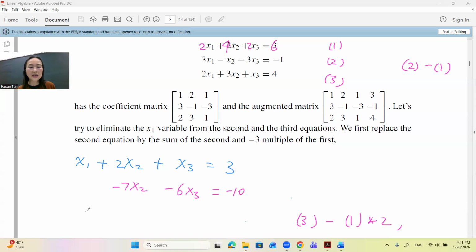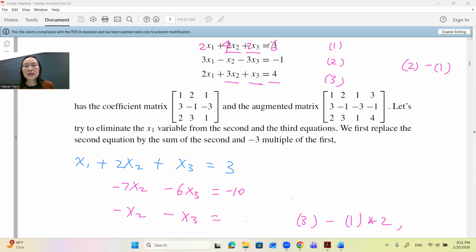As a result, I can eliminate the x1 variable. So you do a subtraction, the x1 variable is gone, and this minus that will be negative x2. This minus the other one, you see, 1 minus 2, right? So negative x3.